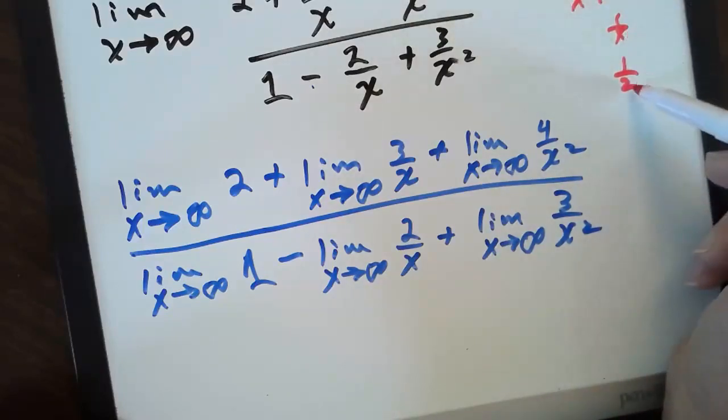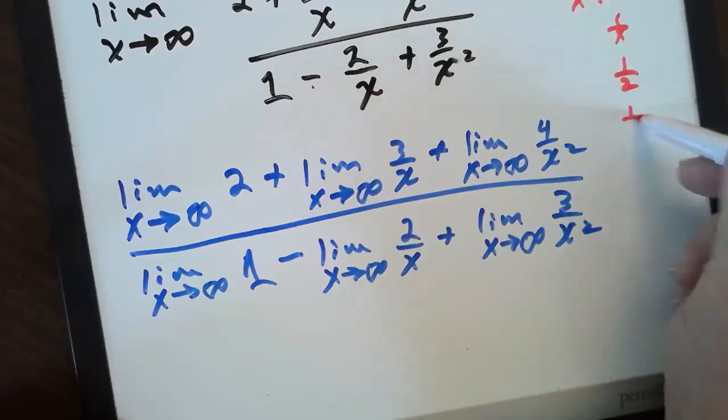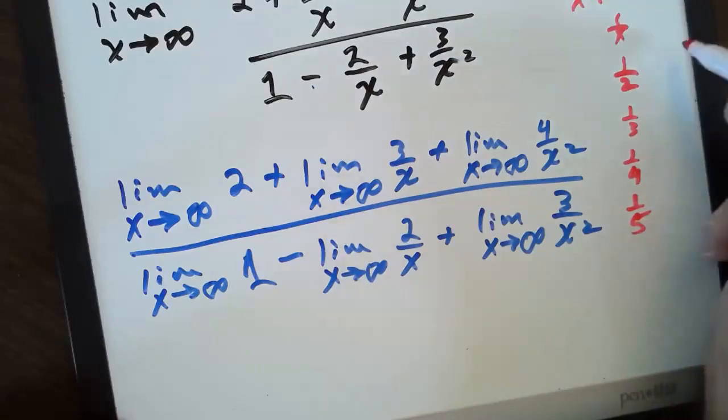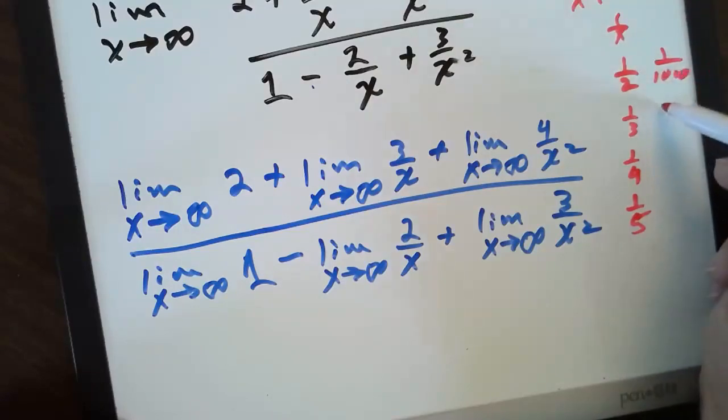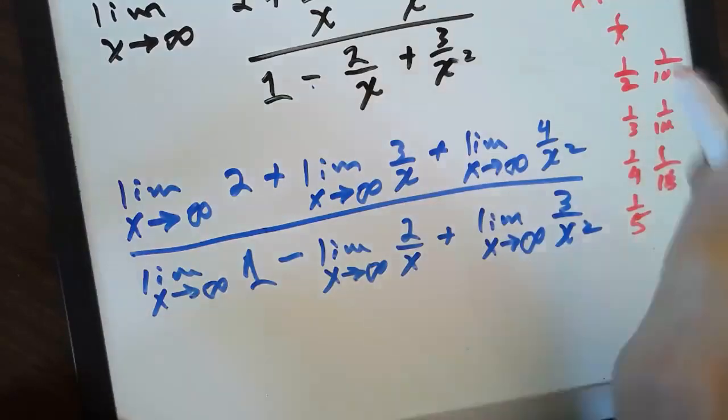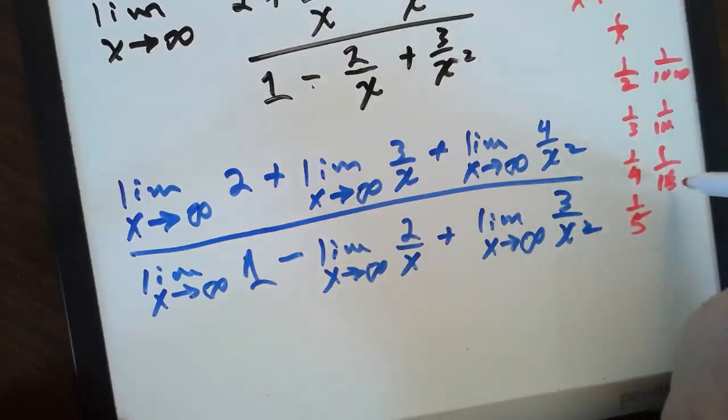As x gets larger, 1 over 2, 1 over 3, 1 over 4, 1 over 5, as the denominator gets larger, the fraction gets smaller, to where you get really large numbers for the denominator, 1 over 1,000, 1 over 1,000,000, 1 over 1,000,000,000, and it gets smaller and smaller and smaller, tending to 0.